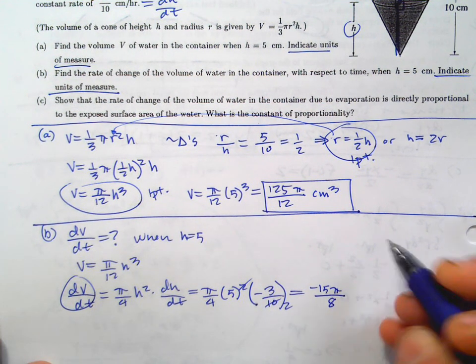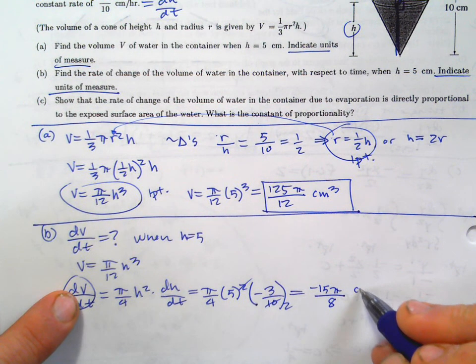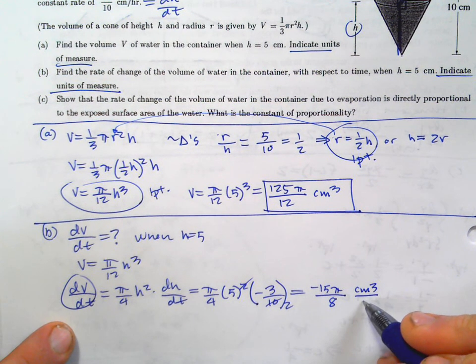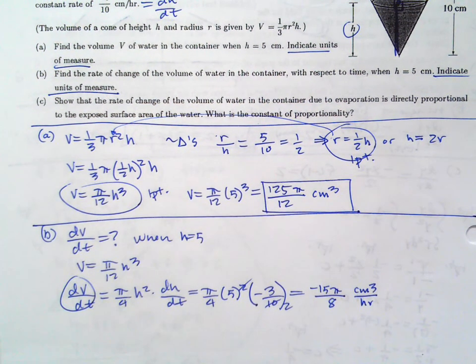The units are volume, cubic centimeters, over time, which in this problem is hours. And it's negative. Do we expect that the volume is decreasing as the water evaporates out? Yes. The sign makes sense.